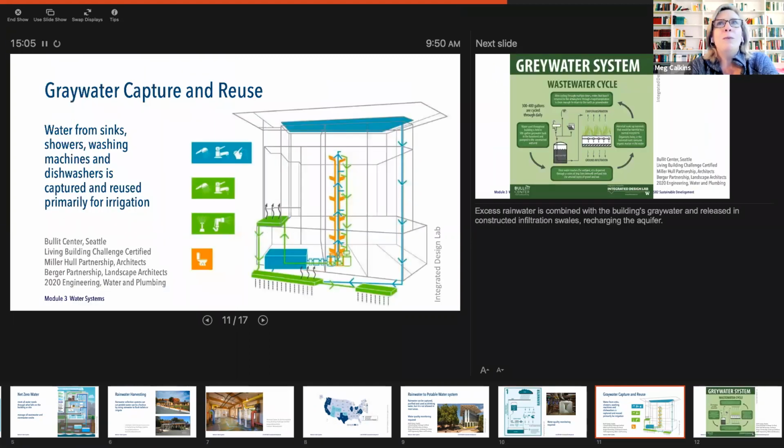So within the Bullitt Center, we also have gray water capture and reuse. This is capturing water from sinks, showers, washing machines, dishwashers, and it is pumped to the basement of the building and then pumped out to irrigate the green roof that they have and to irrigate some of the landscape beds that they have.